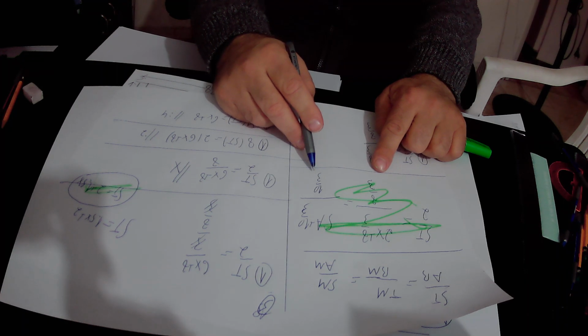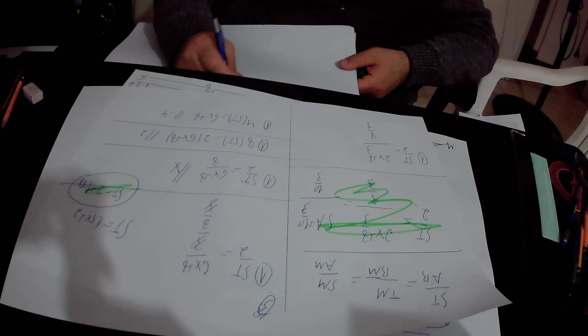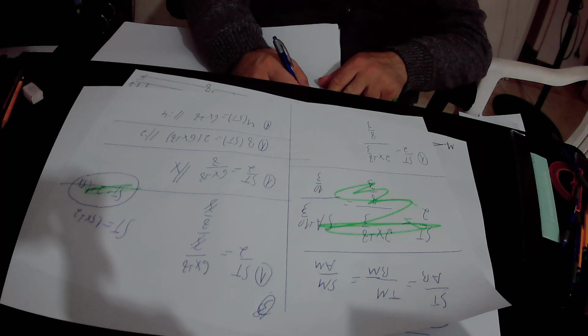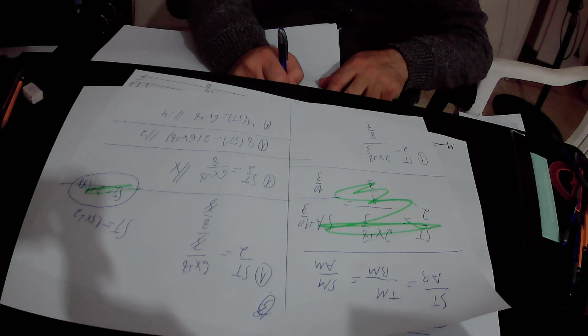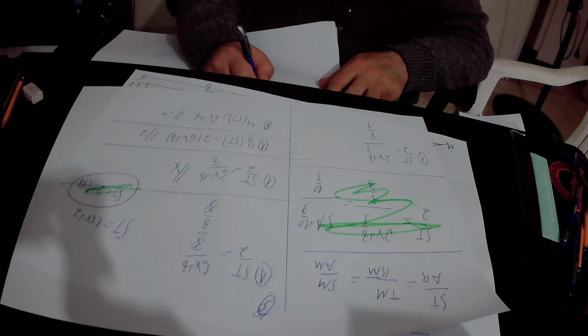According to equation 2, we will get that 2x plus 8 over 3 over 8 over 3 equals SA plus 10 over 3 over 10 over 3.